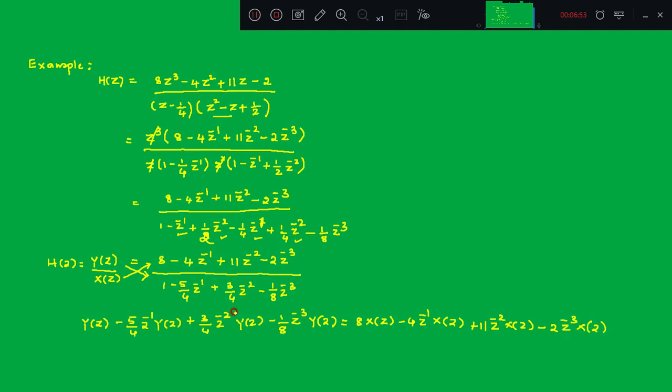So once you perform the cross multiplication, what is the next step? The next step is to apply the inverse Z transform, right? So what is the inverse Z transform of each term? Can you tell me?